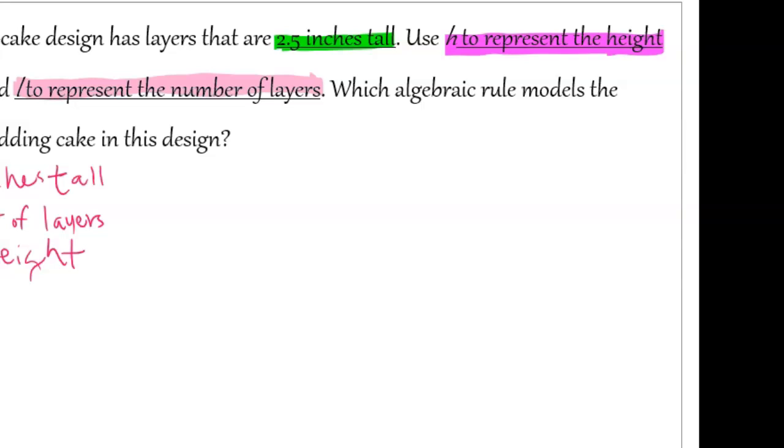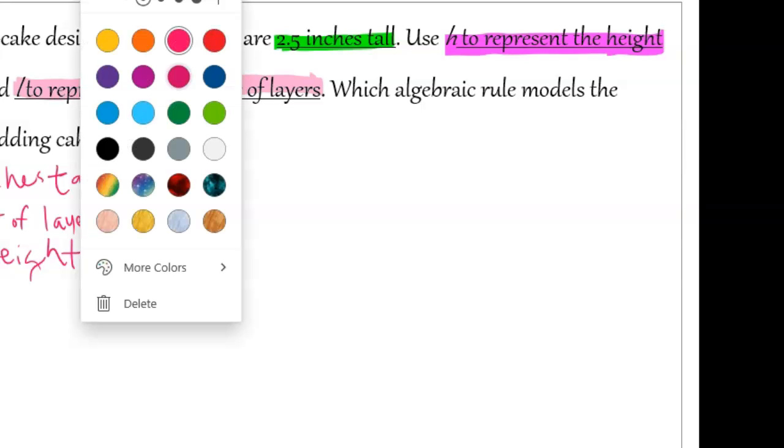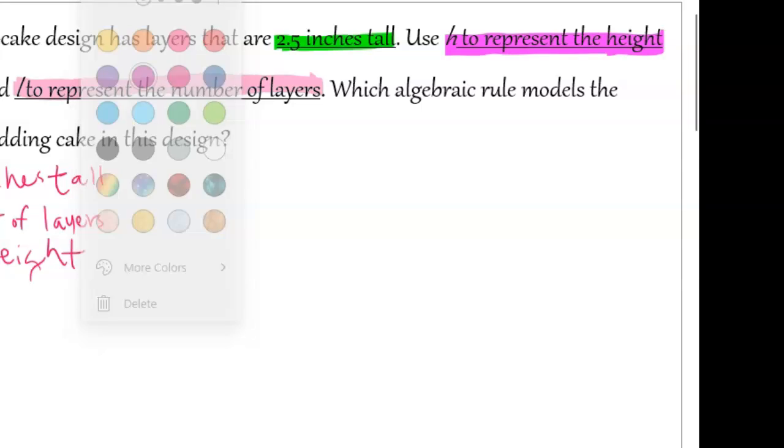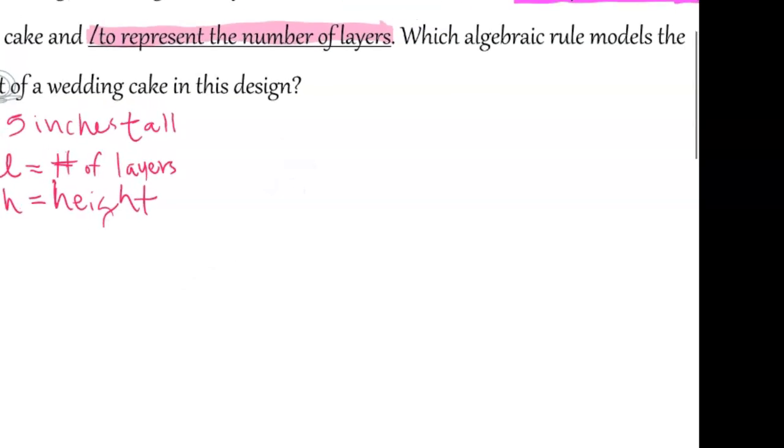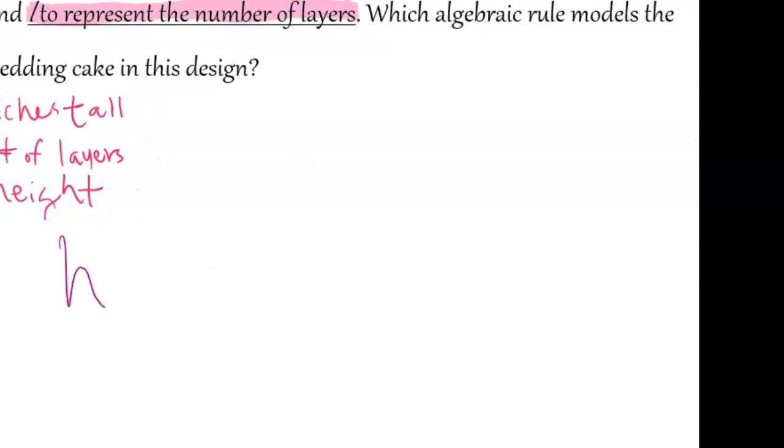So given that information, we know that we have to have H equals what exactly? So we know that if we times a number in this example, what two things can we times to get this H?